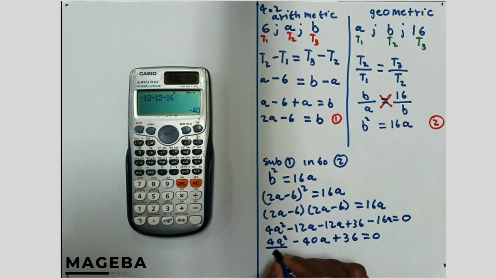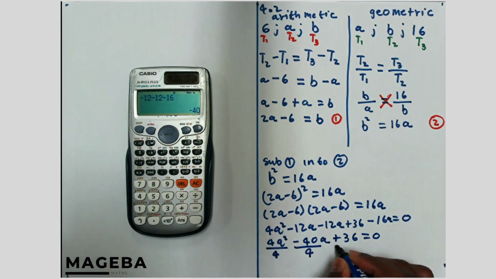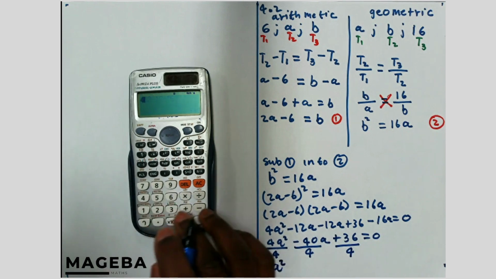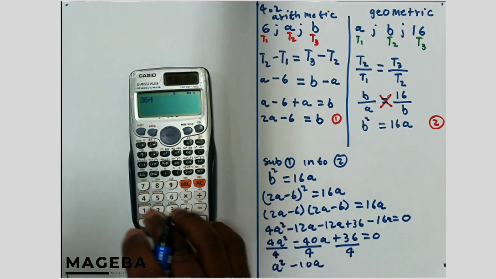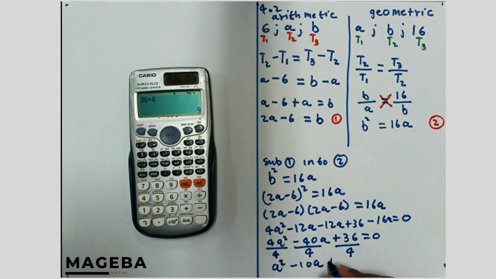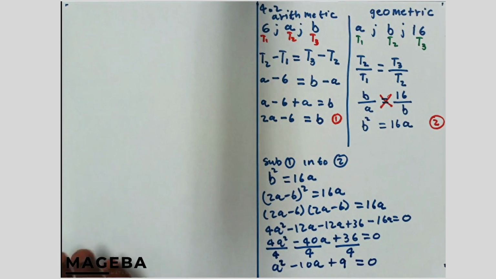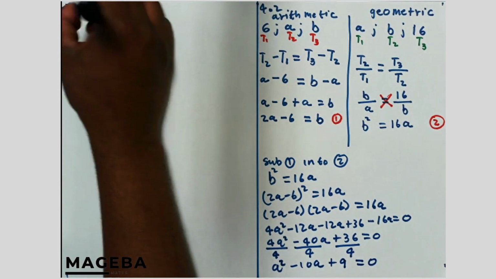From here I can divide by 4 throughout, and then I have A squared, 40 divided by 4 is minus 10A, and 36 divided by 4 is positive 9, equals 0. And then from here we can factorize.